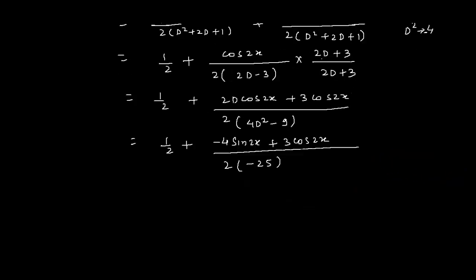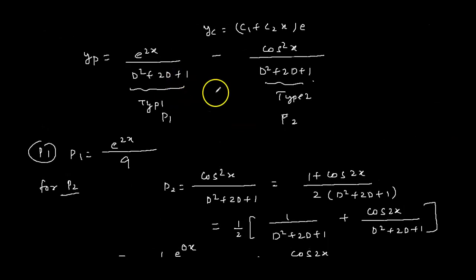So you can write here 1 by 2 plus this one, 3 cos 2x minus 4 sin 2x divided by minus 50. So yp is equal to P1 minus P2.